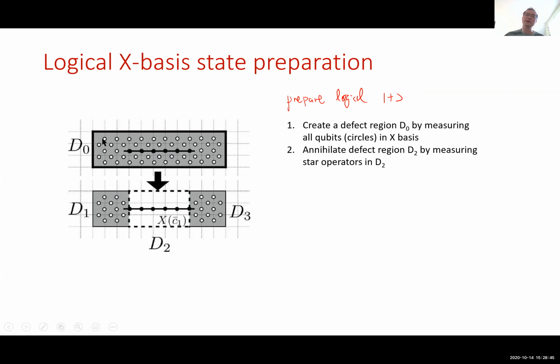To create a defect, basically just break the stabilizer operator in that region. Since we are concerned with the plaquette, to break the plaquette operator, we just perform X measurement. So we just measure all qubits in the circle in the X basis.